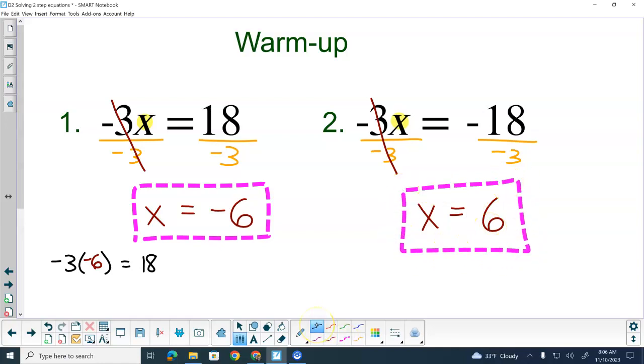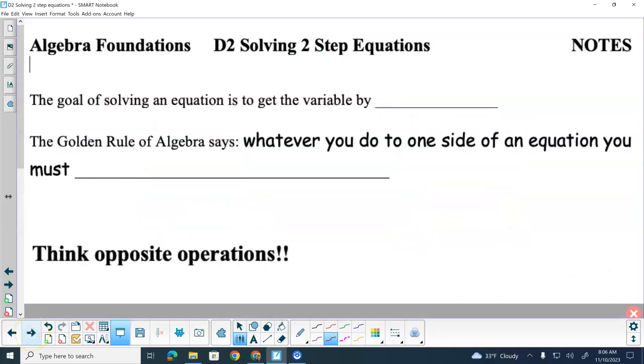Checking it again too. Negative times a positive is negative. 3 times 6 is still 18. Okay? All right.